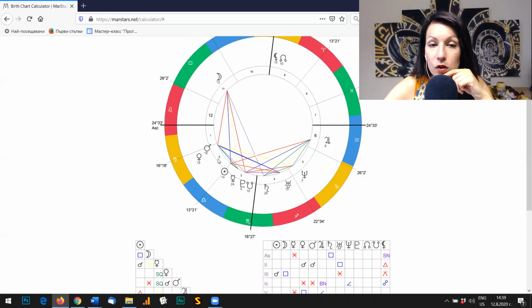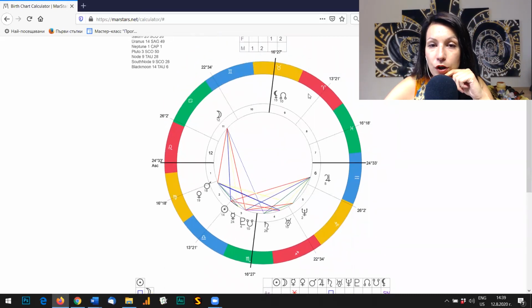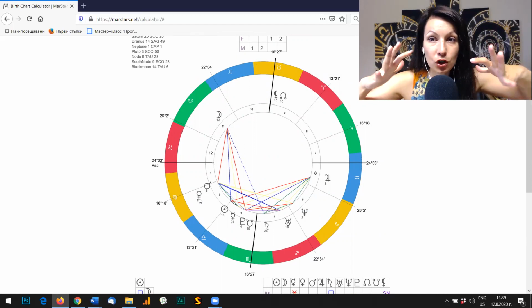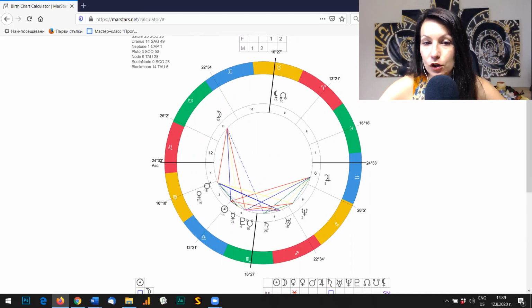And what's interesting is that we can check also which are the houses that Mars and Venus are ruling, because it will show us some possible connections. And we see that Venus is ruling third house and 10th house as well. Mars is ruling ninth and also fourth house.